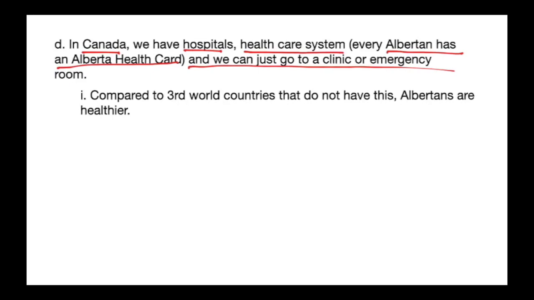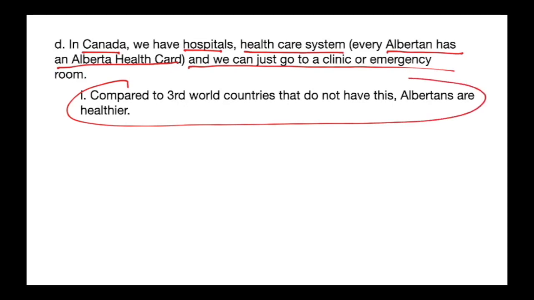The government is kicking in a bunch of money for that. So compared to third world countries, Albertans are healthier than other places because we have hospitals, we have infrastructure, we have money, and all of those things. So social conditions lead to increased health.